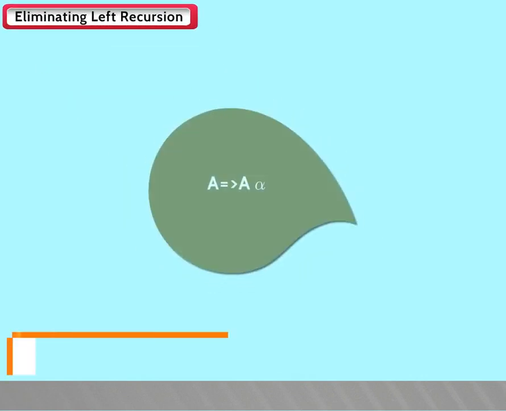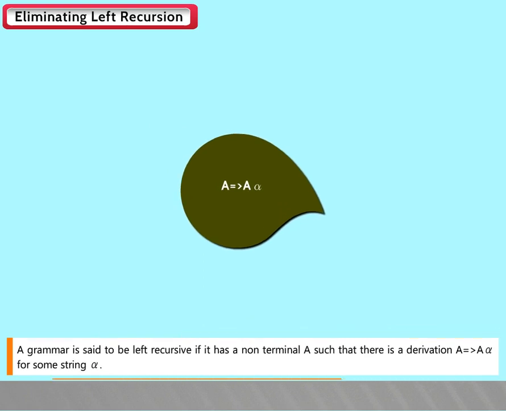Eliminating left recursion. A grammar is said to be left recursive if it has a non-terminal A such that there is a derivation A derives A alpha for some string alpha.